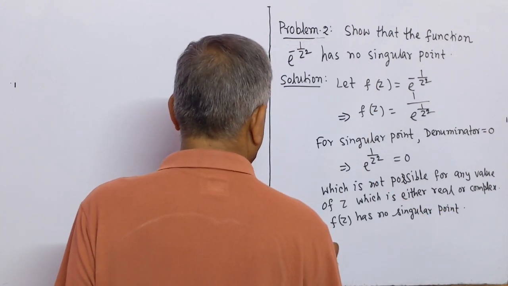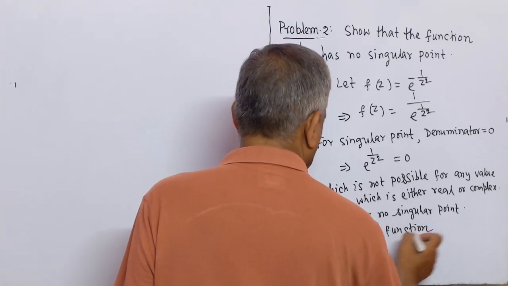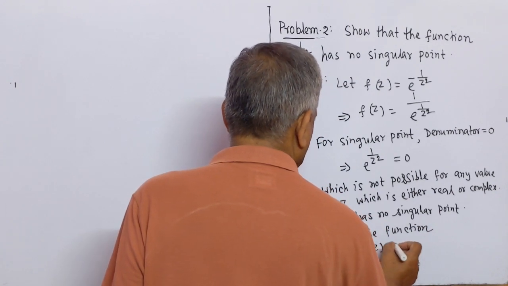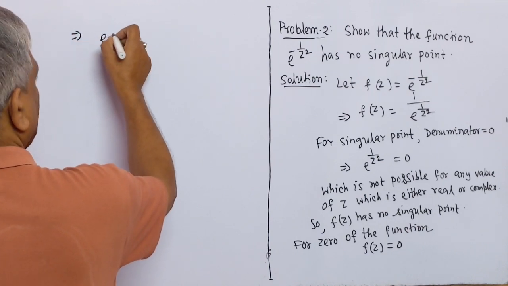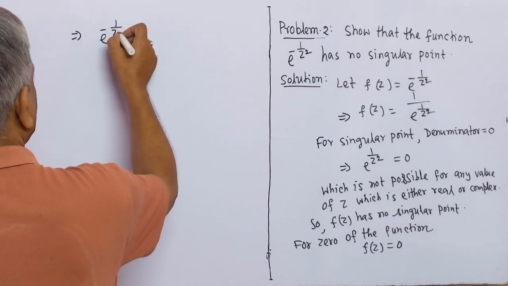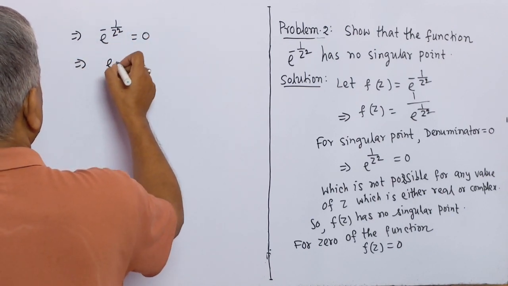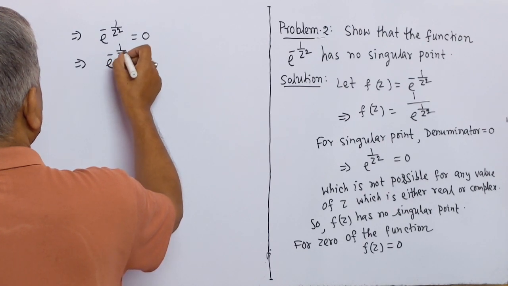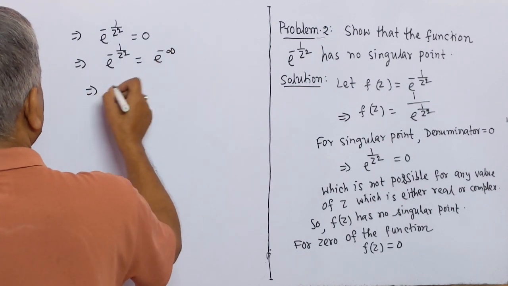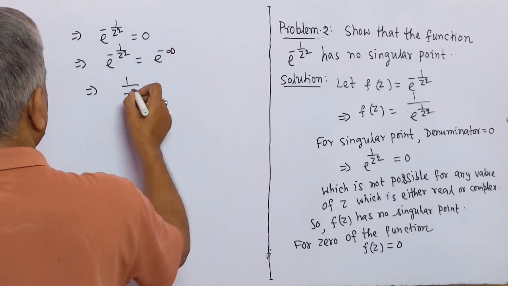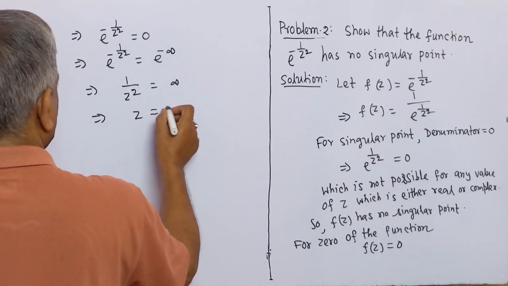For the zero of the function, f(z) = 0 implies that e^(-1/z²) = 0, which implies that e^(-1/z²) = e^(-∞), which implies that 1/z² = ∞, which implies that z = 0.